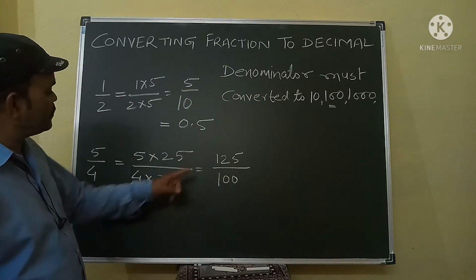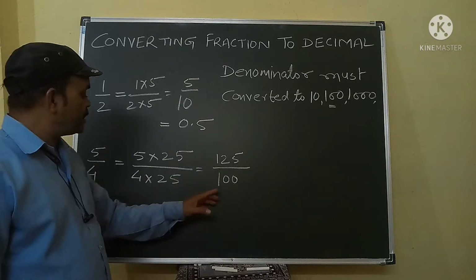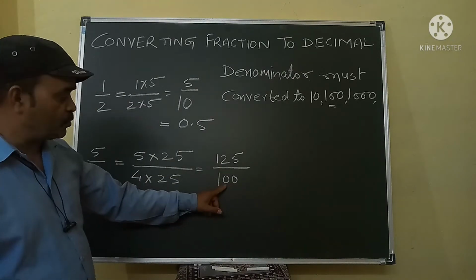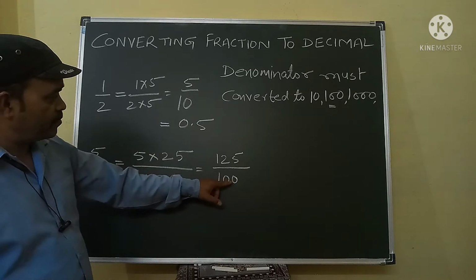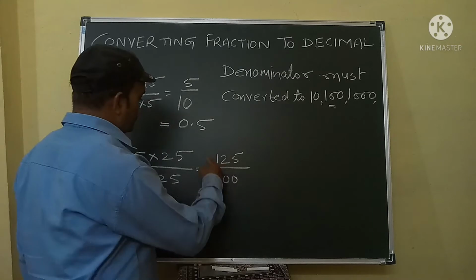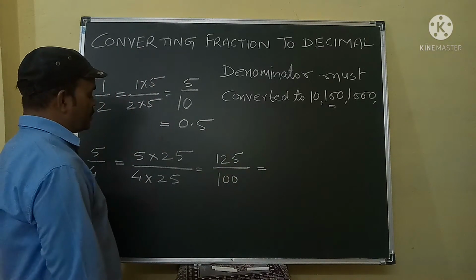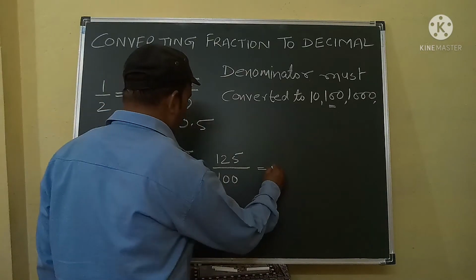Now this is 125 upon 100. In 100, the number of 0s is 2. That means in the numerator, before 2 digits, we will put the decimal point.